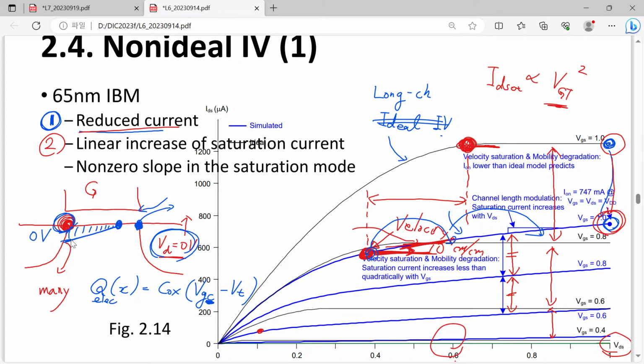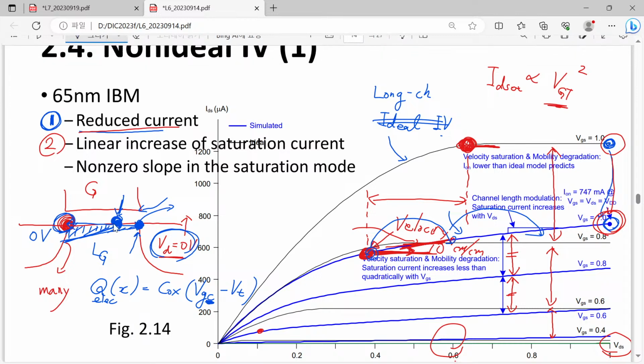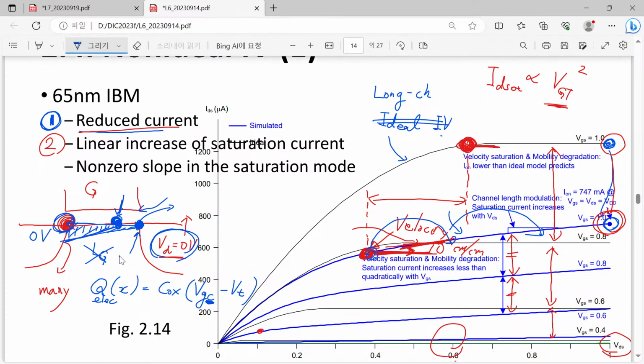Now think about another case. We just have this kind of behavior: the electron channel diminishes or disappears at this point. In this case, the channel length can be represented as exactly Lg. However, if the end of the actual channel is at this point, then instead of the full channel, we have a slightly shorter channel.